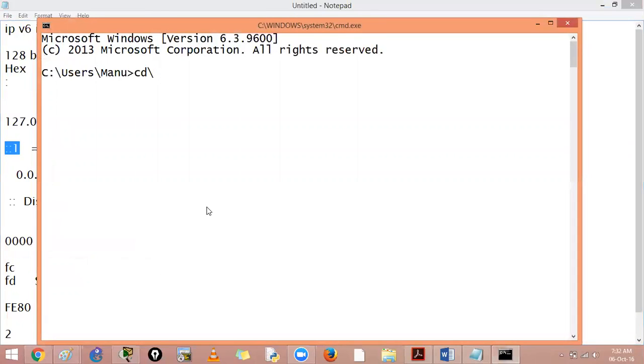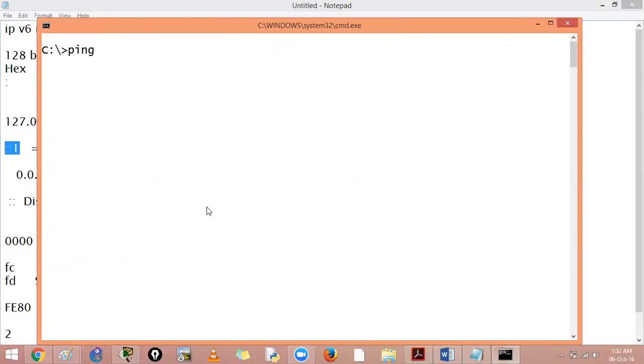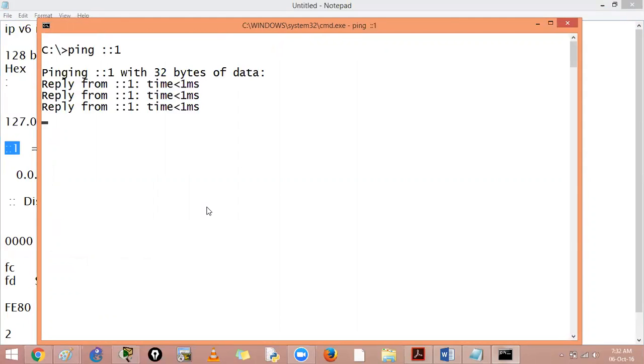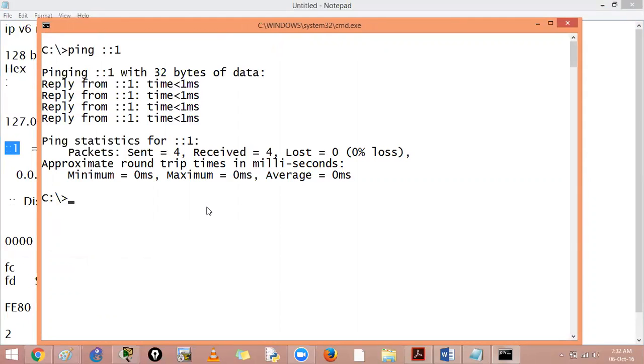In CMD, cls, then ping ::1. This is testing your network adapter. So we used to ask earlier, what if your loopback does not give you an answer, or how will you check your network adapter is working? You need to ping your loopback address. If your adapter has the IPv6 stack enabled, then it will give you an answer.